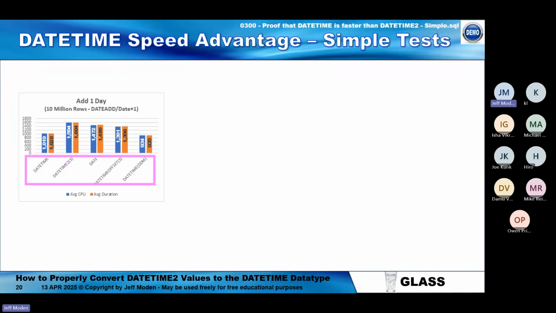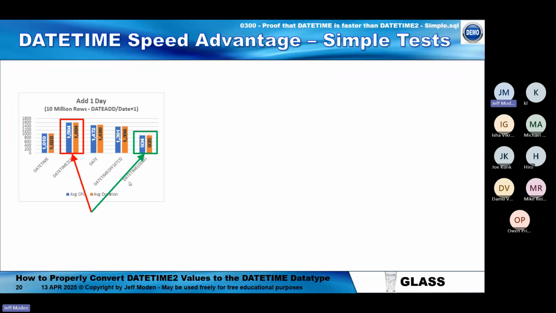We have a DateTime, we have DateTime2, 3, we have a DateTime2, DateTimeOffset with 3, and then the DateTime DDM there stands for direct date math. And there's DateTime2, 3. And over here is the DateTime using the direct date math.